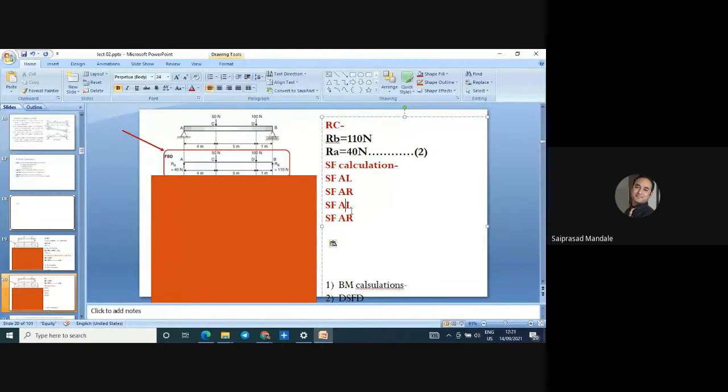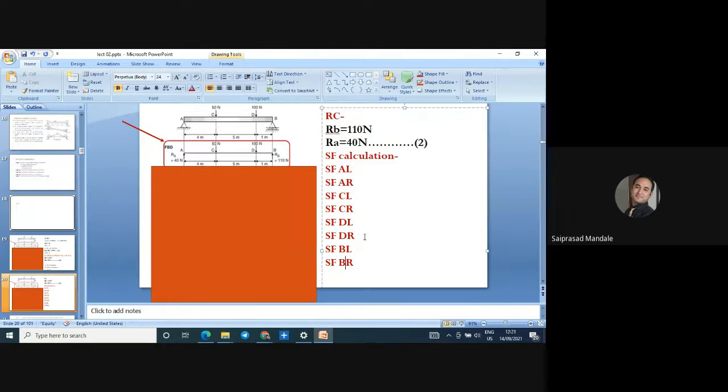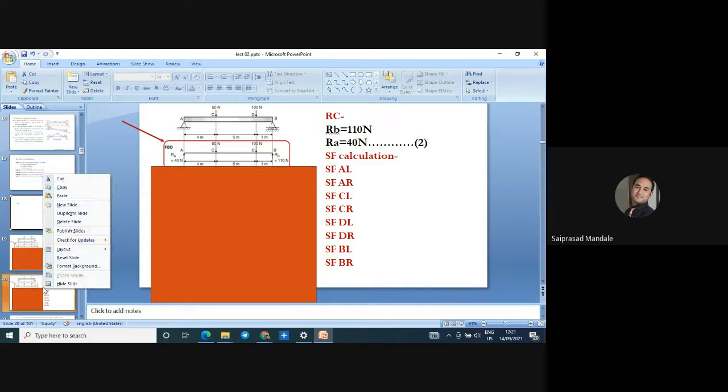For B, for C, then again for point D, then again B.